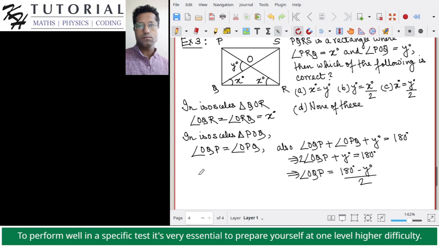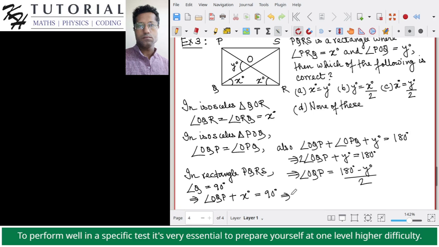We also know that in rectangle PQRS, every angle of the rectangle is 90 degree. So, angle Q is 90 degree. What is angle Q? Angle Q is angle OQP plus x degree, equal to 90 degree.